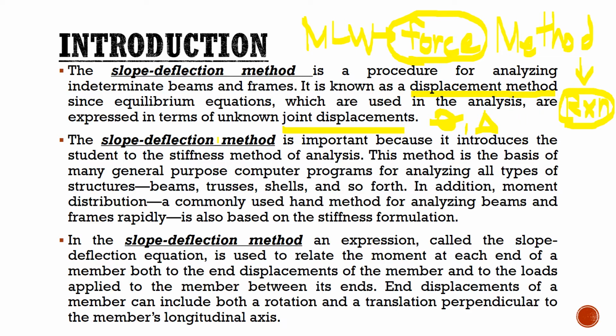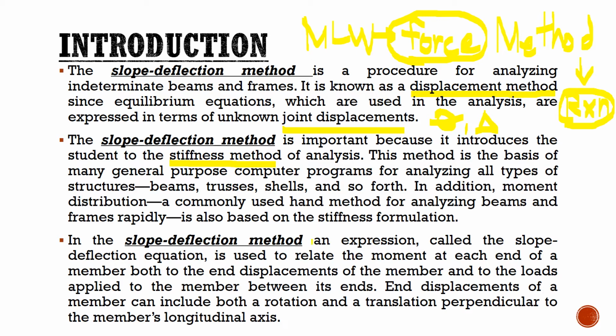Slope deflection method is important because it introduces the student to the stiffness method of analysis. Stiffness method or displacement method is almost the same. This method is the basis of many general purpose computer programs for analyzing all types of structures such as beams, trusses, shells, and so forth.